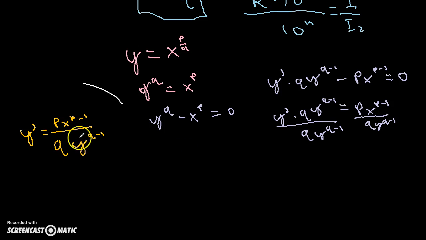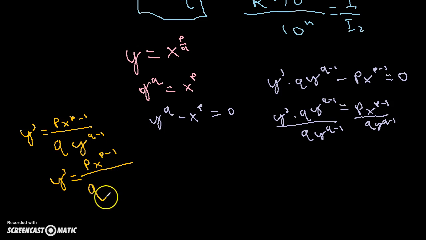Oh, I'm sorry, that line must be a mistake. Okay, so we have y prime is equal to px to the p minus 1 divided by q times x to the p over q, raised to the q minus 1. Now we're just going to break off the p over q.